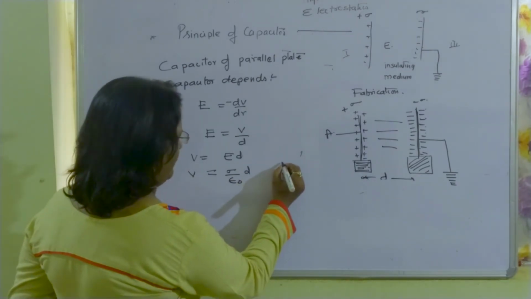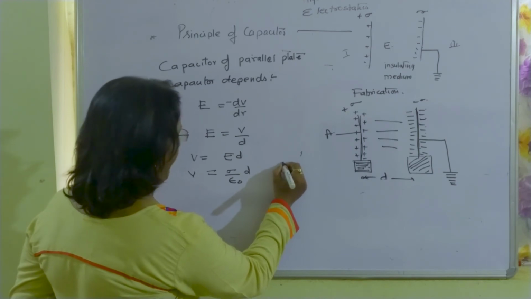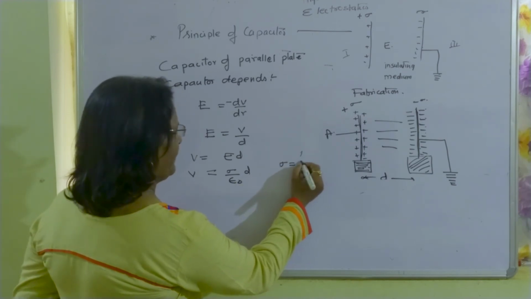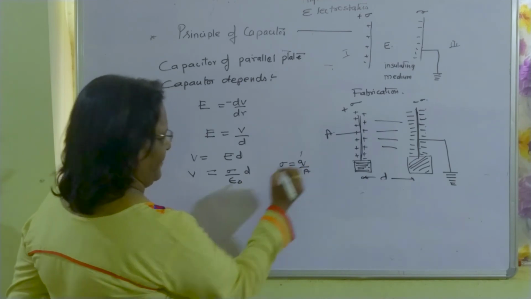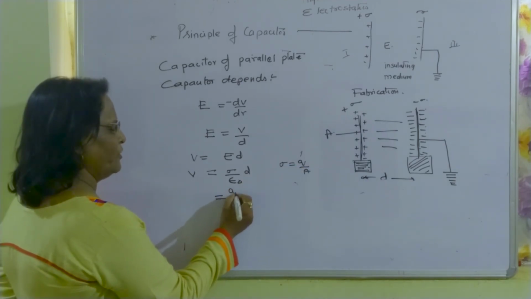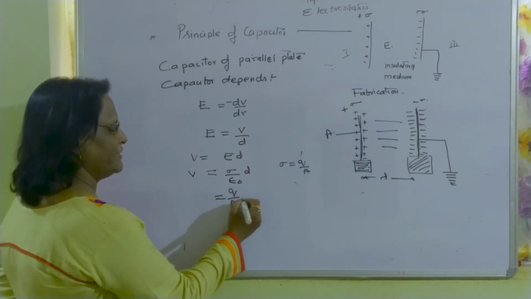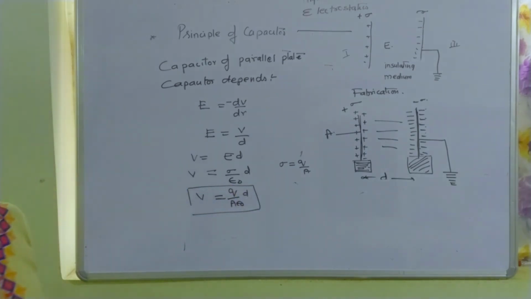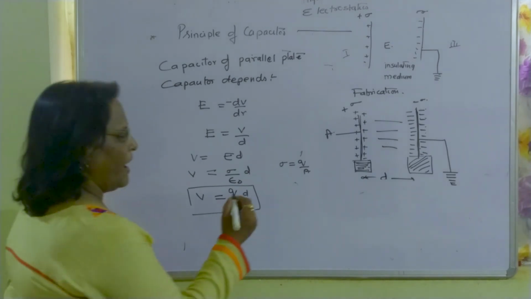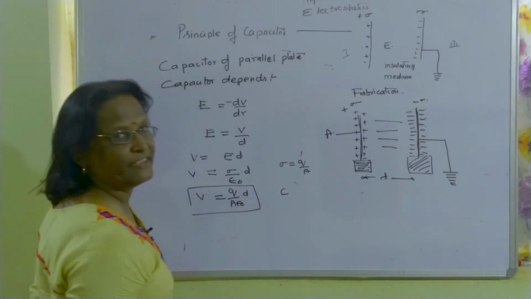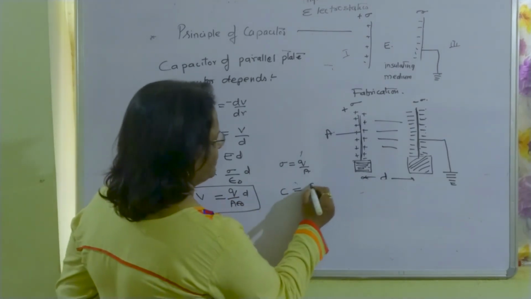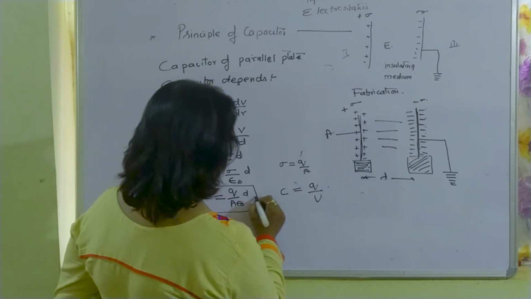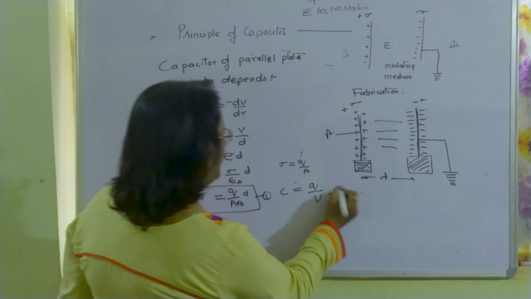Also, sigma equals Q upon A. So we substitute the value: V equals Q D upon A epsilon 0. This gives the potential existing between the plates. Now, as per the formula for capacitance, C equals Q upon V. This is equation number 2.